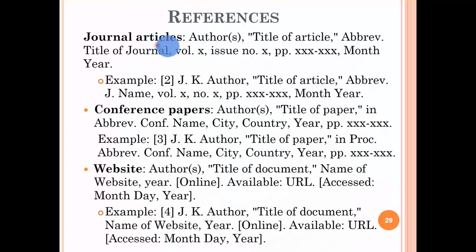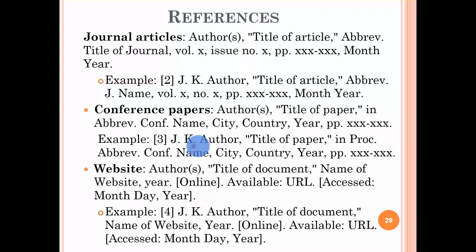For journal articles, we just mention the author or authors, title of the article, abbreviated title of the journal, the volume number, the issue number, and then the pages, month, and year. This is an example of this. For conference papers, we do something similar. We start with the author or authors, title of the paper, and abbreviation, conference name, city, country, year, and then the page numbers.